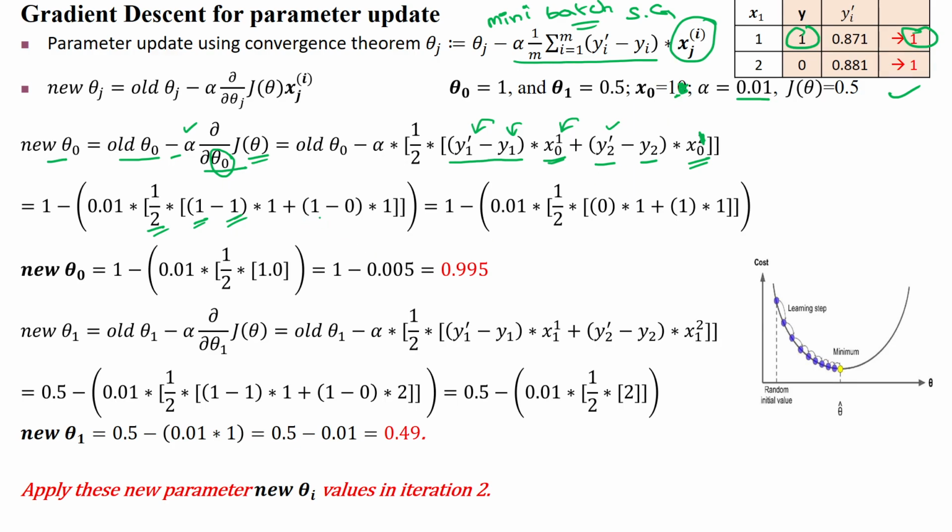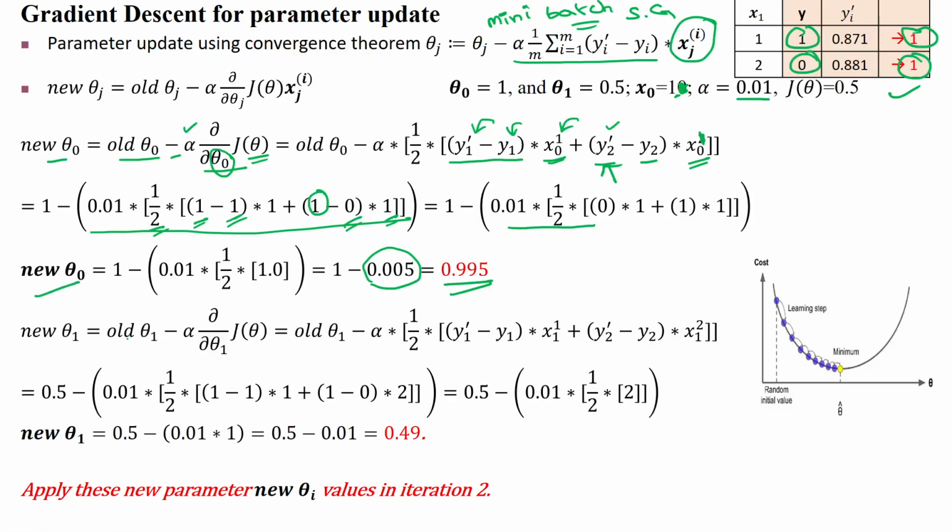Then plus the predicted output of sample number 2, y2 dash, minus the actual output of sample number 2, which is 0, then multiplied with the x0 value. When you simplify this term, you finally get 0.005 for this term, and 1 minus this value gives 0.995. So this is the new theta 0 value.